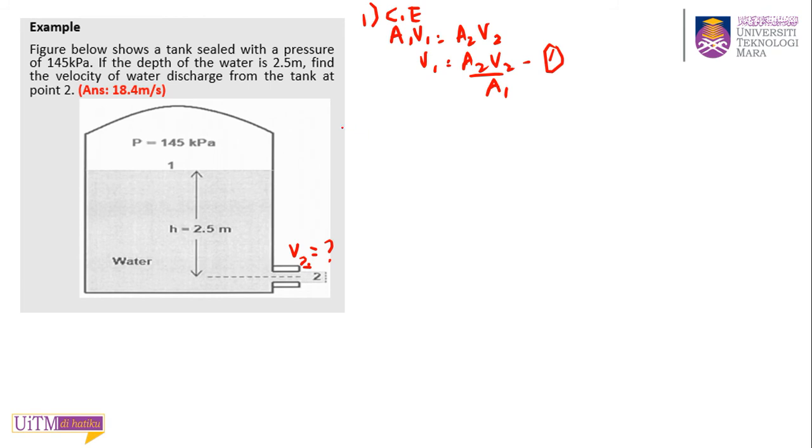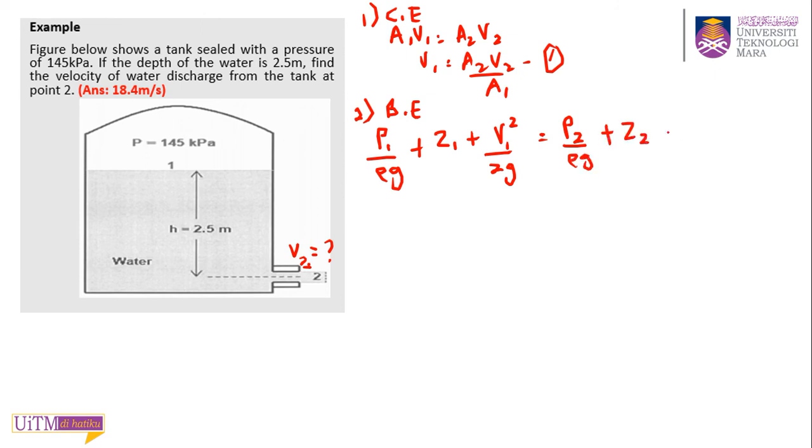Second, your Bernoulli equation, which is P1 over rho G plus Z1 plus V1 squared over 2G equals pressure at point 2 over rho G plus elevation Z2 plus velocity at 2, V2 squared over 2G.